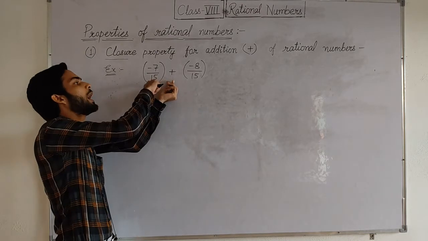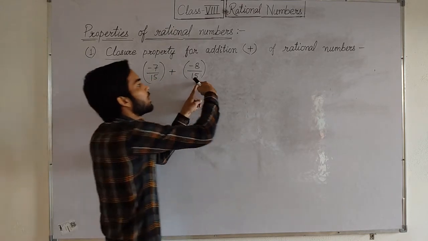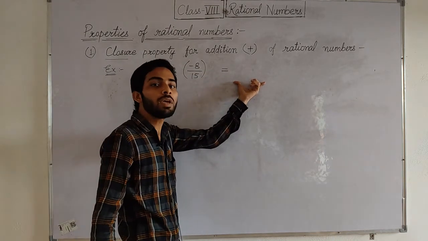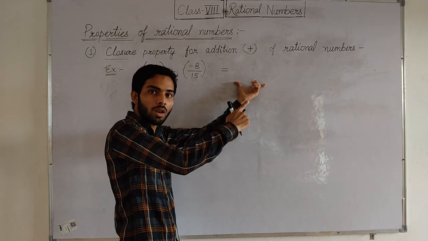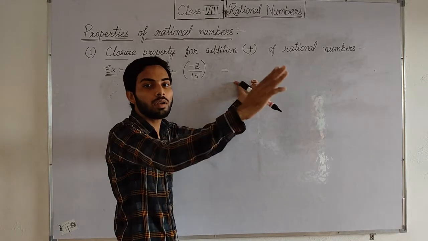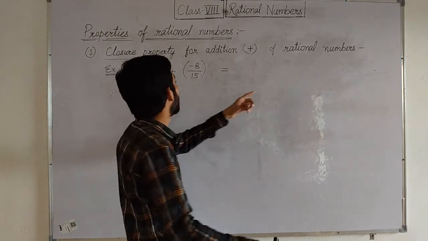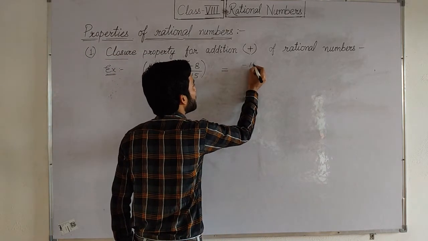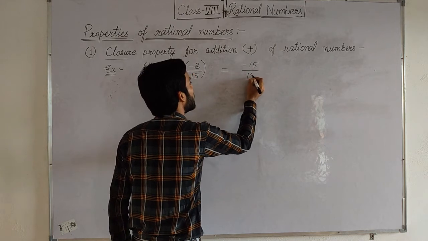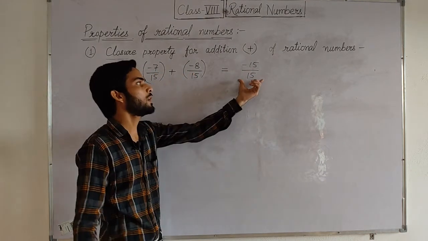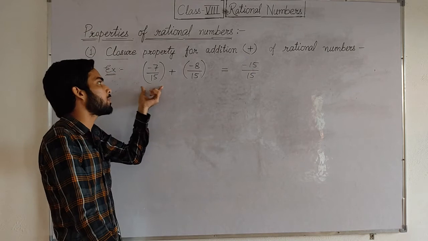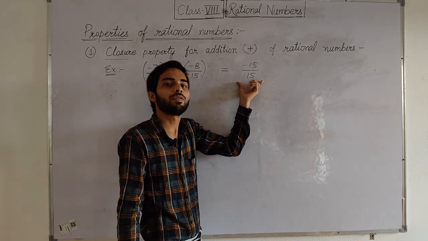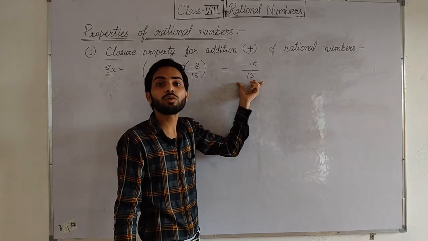On adding two rational numbers, will the answer be a rational or any other number? Let us check. Minus 7 and minus 8 will be minus 15 upon 15. On adding minus 7 upon 15 and minus 8 upon 15, you get minus 15 upon 15. You already know how to add rational numbers.